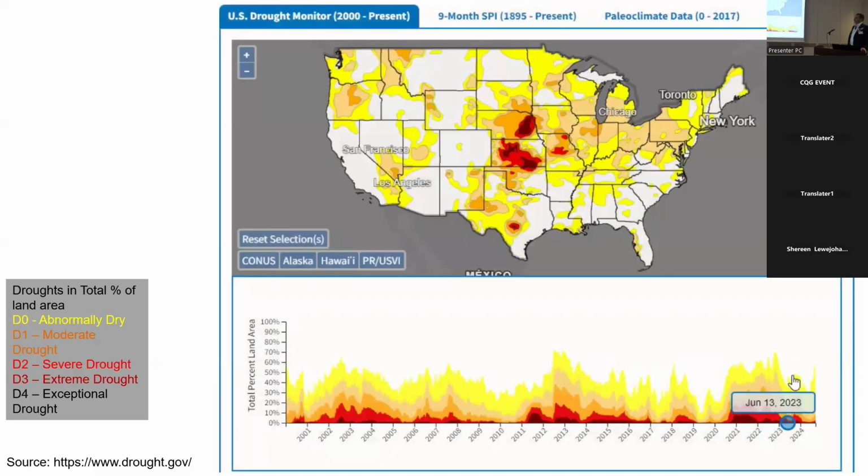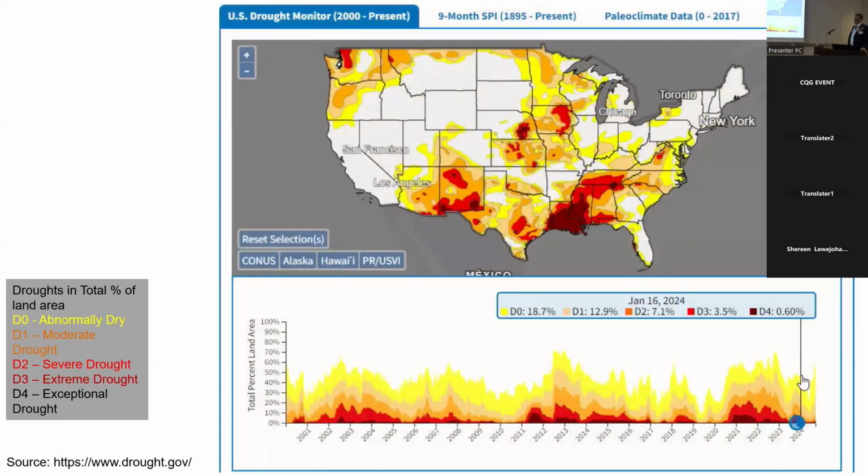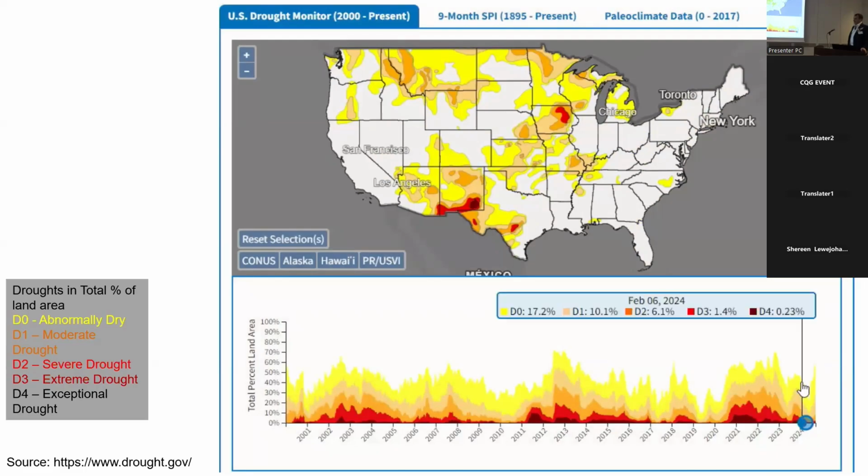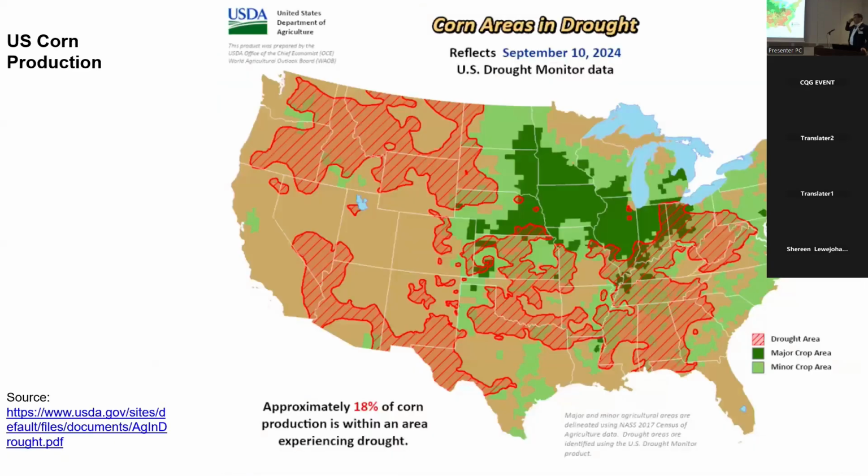And this is going to become clearer just after that. When we start with corn, we can see that obviously it's not all focused in that region, but the vast majority of it is. So that's the Midwest, where a lot of it is, and this is where we're going to focus on.